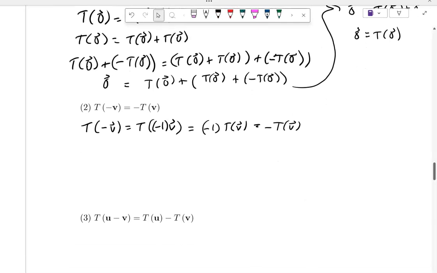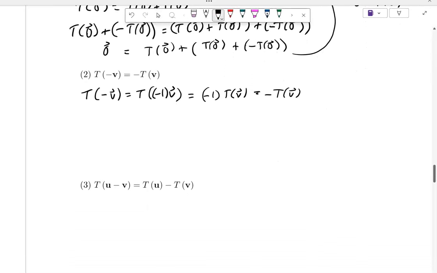The next one is similar because how do you define subtraction? Really, subtraction means what? Add the negative, right? It means add the inverse, doesn't it? Right? Now, using a property of the transformation, what can you do with the transformation with respect to the sum?